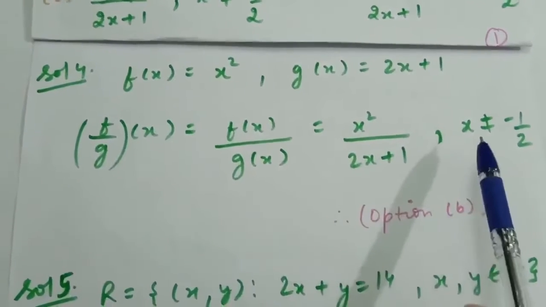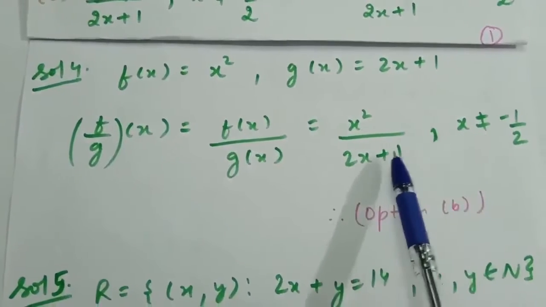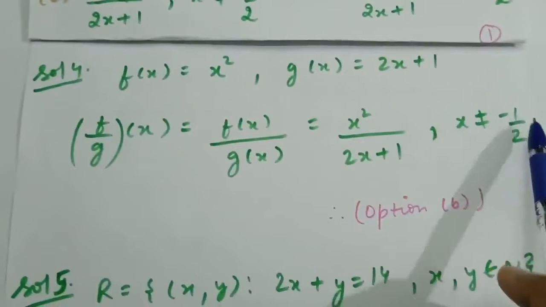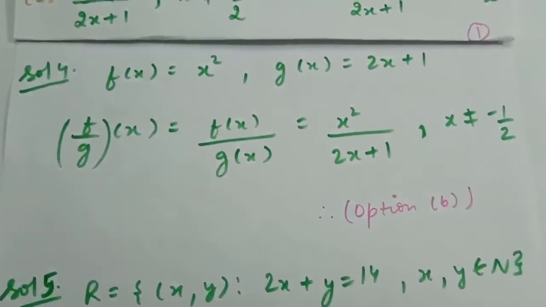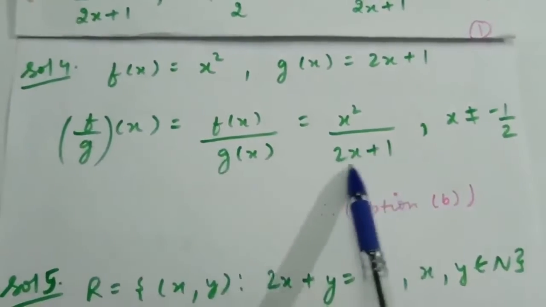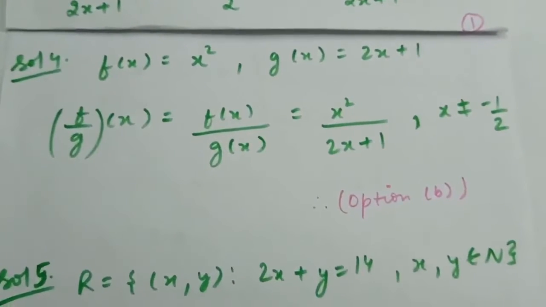Also you have to mention the value which x cannot assume. So x cannot assume the value minus 1 upon 2, because at minus 1 upon 2, 2x plus 1, that is the denominator, will become 0. So option B is correct.